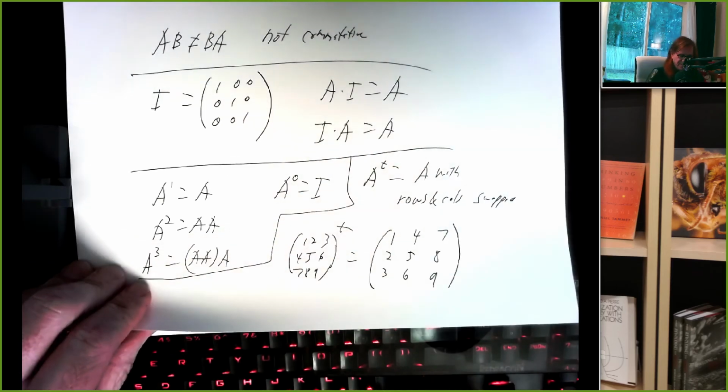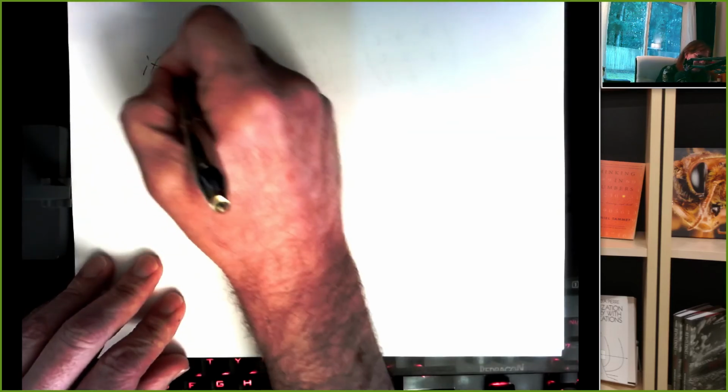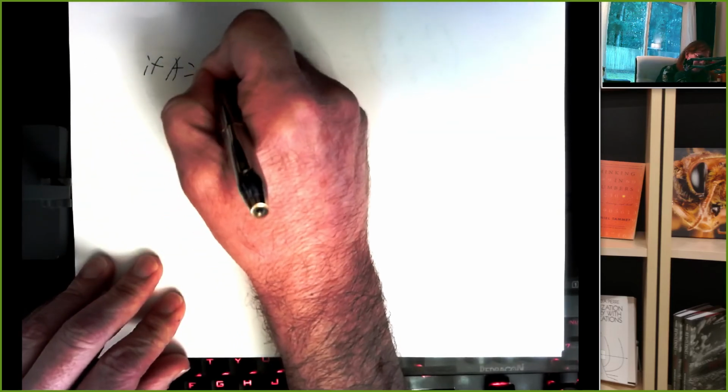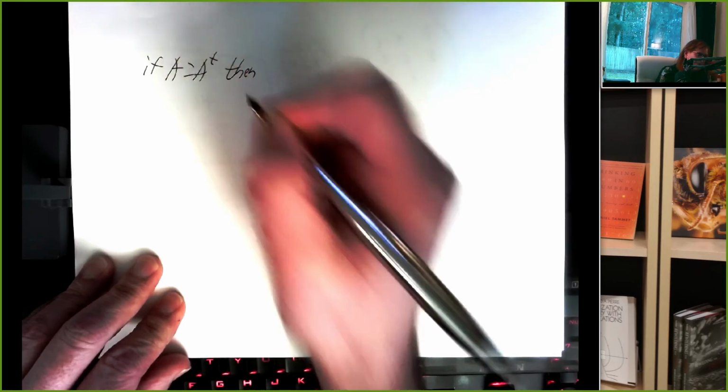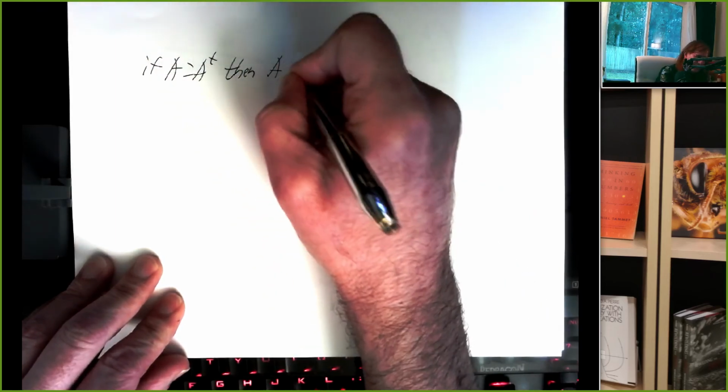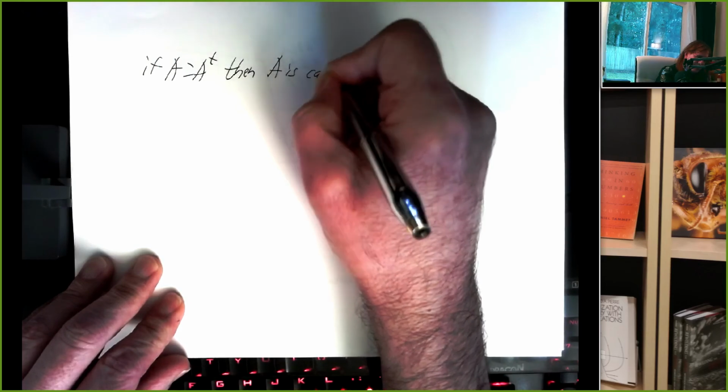So I'm just hurling definitions at you here, but we'll come back and use them later. A symmetric matrix is one that's equal to its transpose. So if A is equal to A transpose, then A is called symmetric.